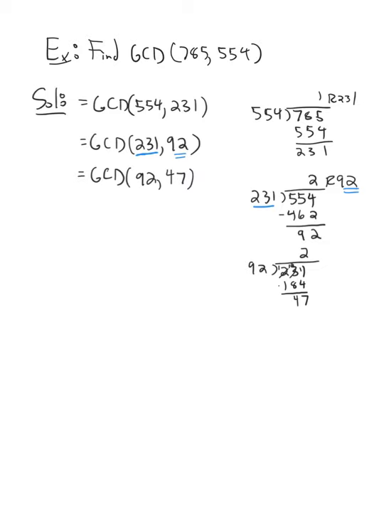Now, if you're astute here, you would realize that 47 is a prime number. There are no factors of 47 besides 1 and itself. 92 definitely isn't a multiple of 47, because 47 times 2 is 94. So there are no prime factors in common here.